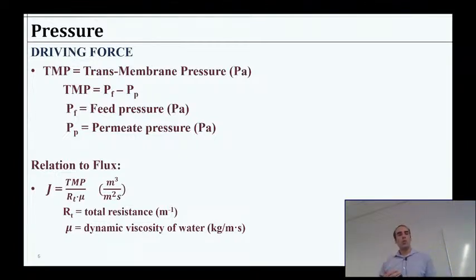Now, in the laboratory, sometimes you'll have a membrane driven by a vacuum. So just a little side note here, the membrane driven by a vacuum can only reach a certain amount of transmembrane pressure because you can only drop a vacuum to 0. And then the driving force is your atmospheric pressure.